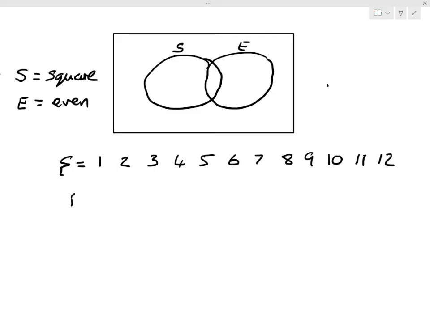And then we're going to put a probability question: a number chosen at random is even. Okay, so let's put these in where we need to go.